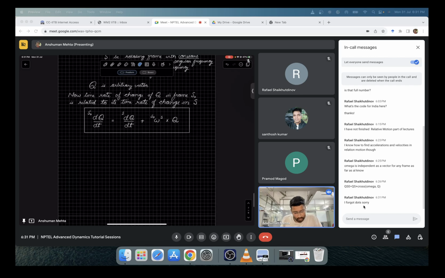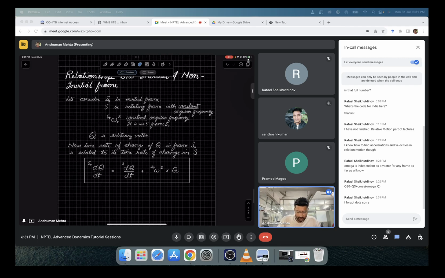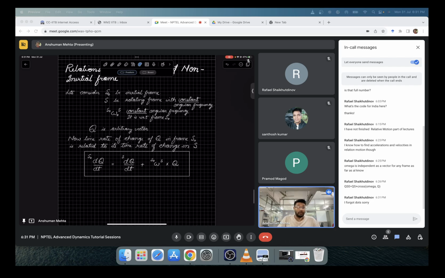There will be change in time, sorry. Now let's say this S frame is a rotating frame with constant angular frequency.